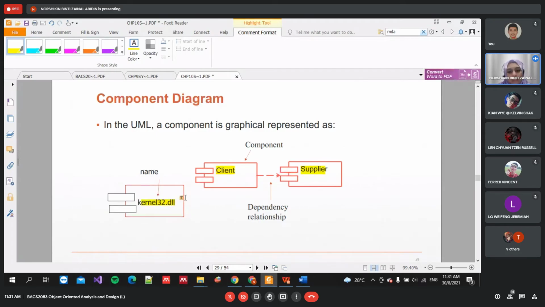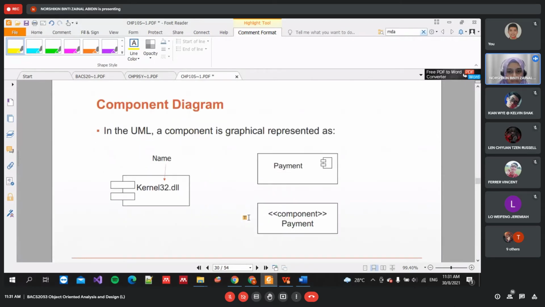This component is related to this component. You need to know two things here. First, this is the graphical symbol referring to our component. Second, this is the dependency relationship. That means this component is dependent on this component, so these two components are dependent on each other.